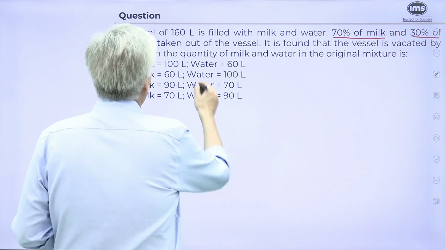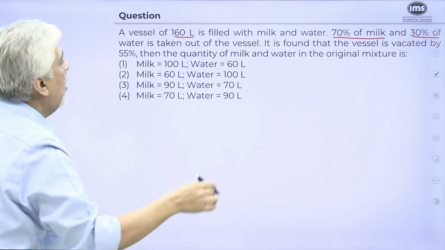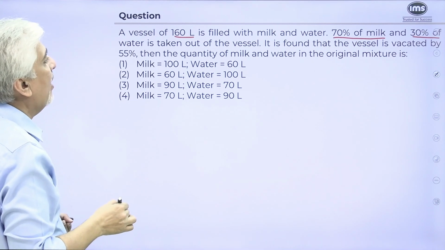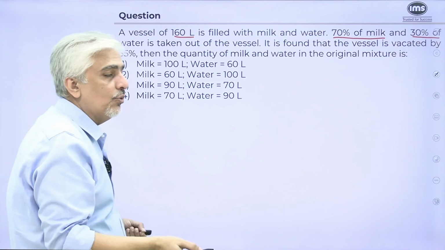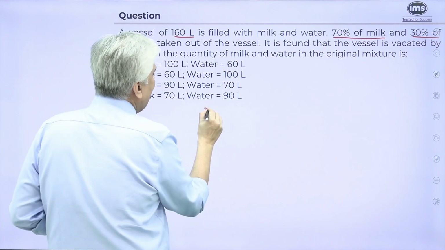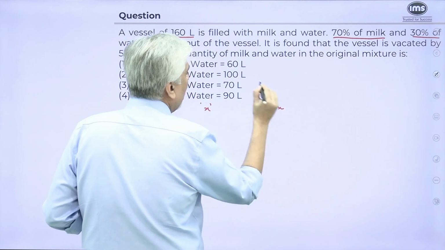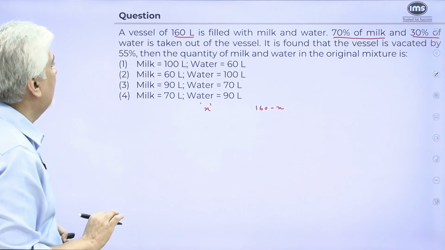So initially 160 liters was there. 70% of milk was removed, 30% of water is removed. Now it is found that the vessel is vacated by 55%. I don't know how much was milk initially, how much was water initially. So I'm going to assume X liters milk and 160 minus X liters of water was there.